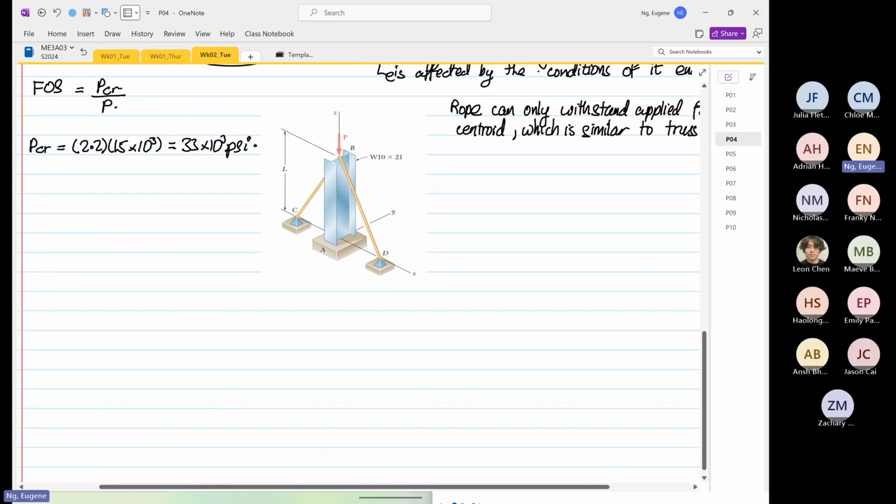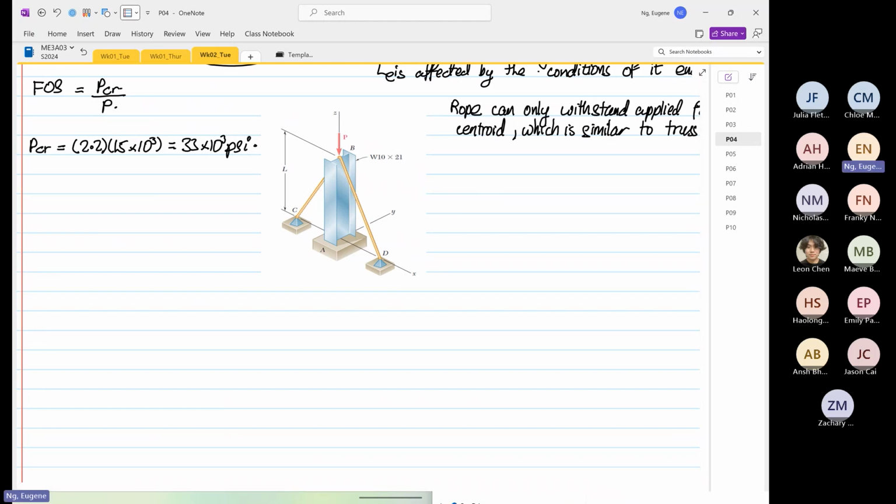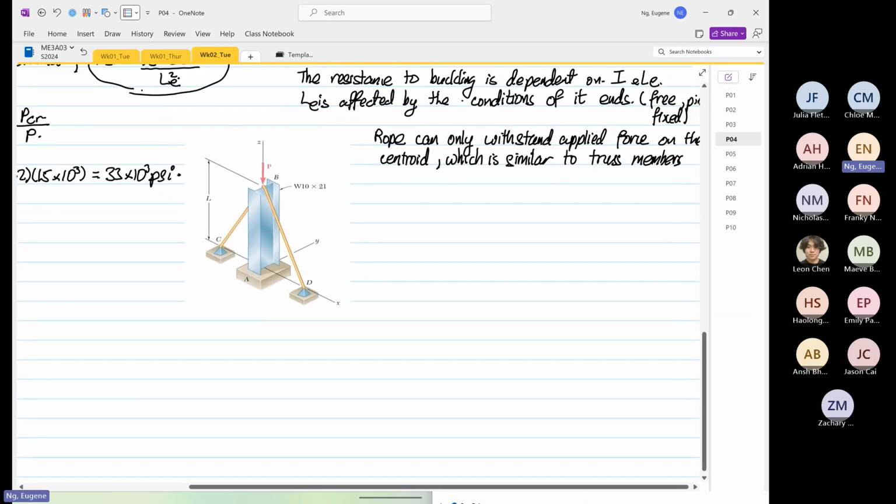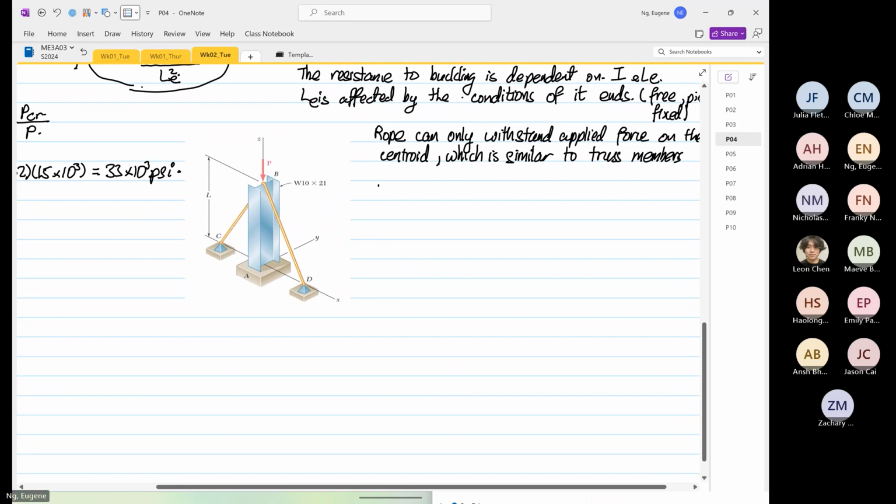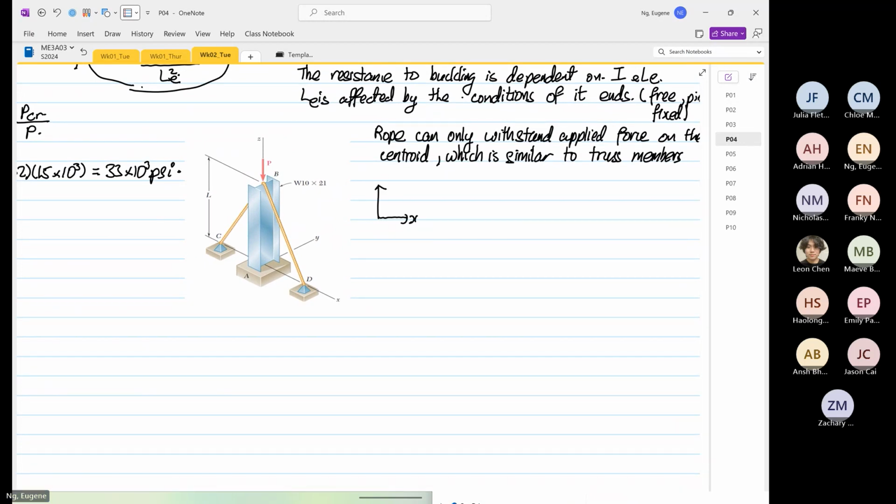Okay, so if we were to look at the exact plane. Okay, and we know that the structure. Okay, let's look at the exact plane. Then you have rotation about y, right?